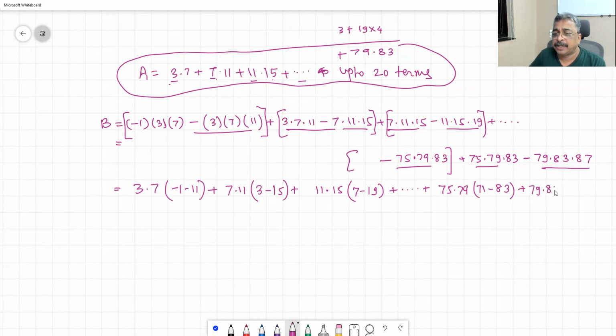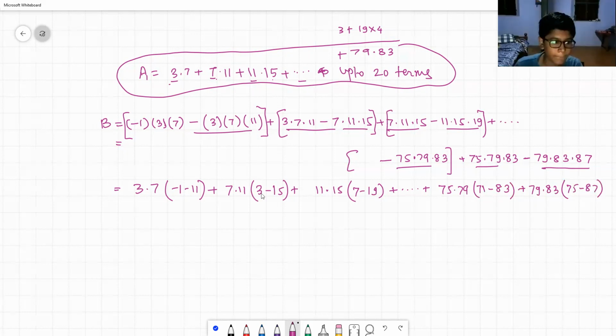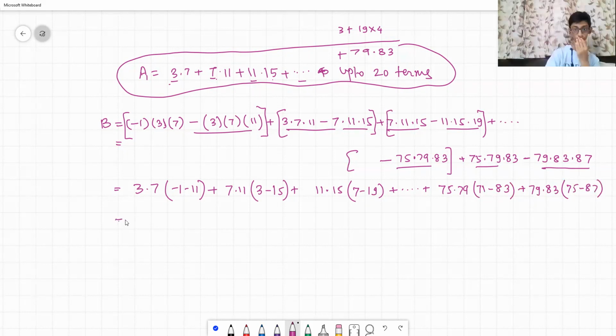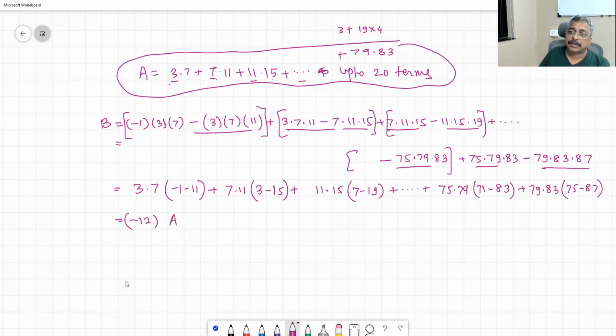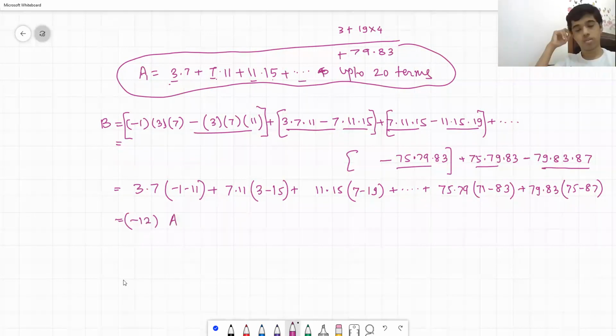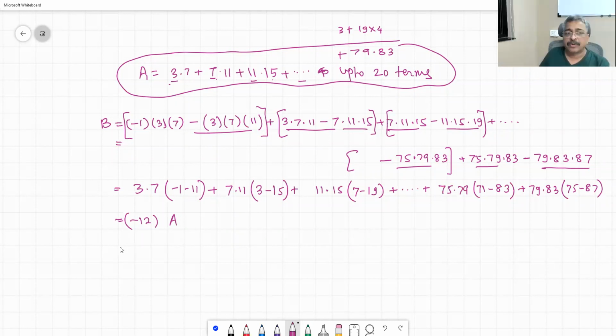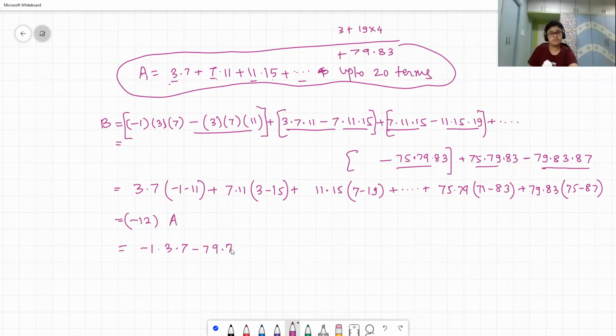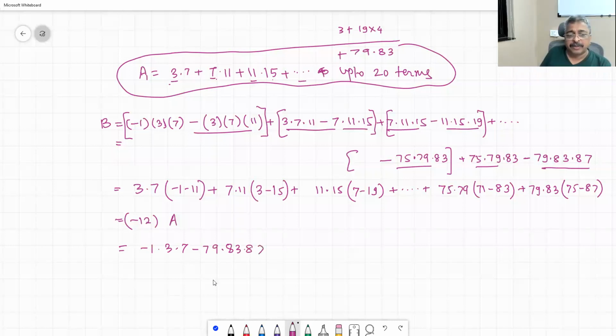79 into 83 inside bracket 75 minus 87. This is B, which is equal to minus 12 times A. If you give a relook at B, it is minus 1 into 3 into 7 minus 79 into 83 into 87.